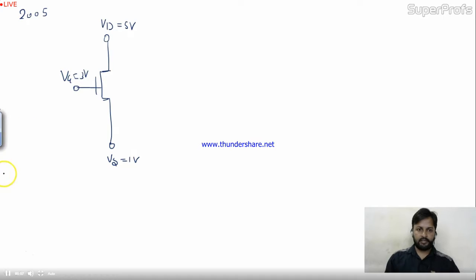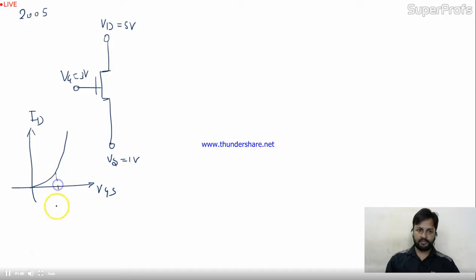The transfer characteristics is also given, Id versus VGS, and here it's 1 volt, and this is the transfer characteristics actually.